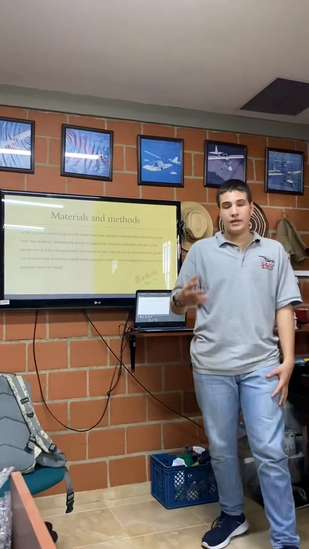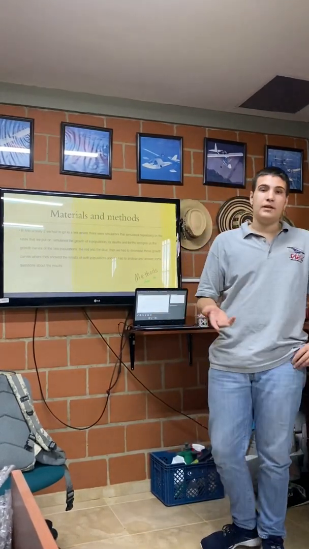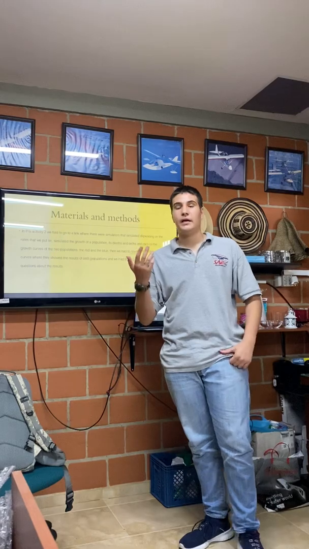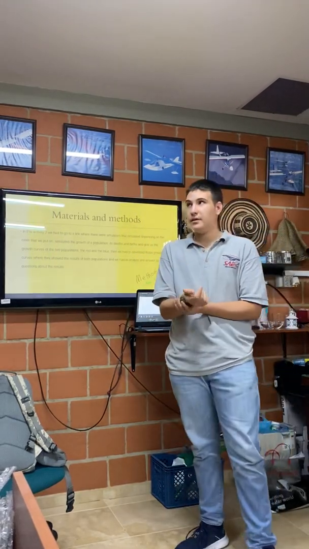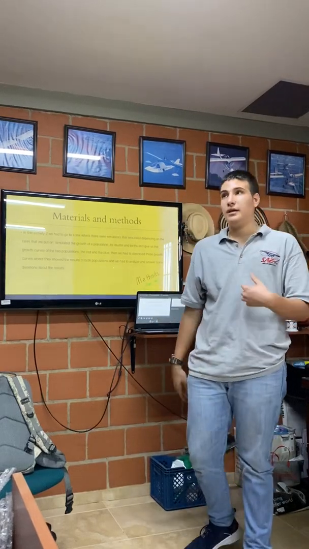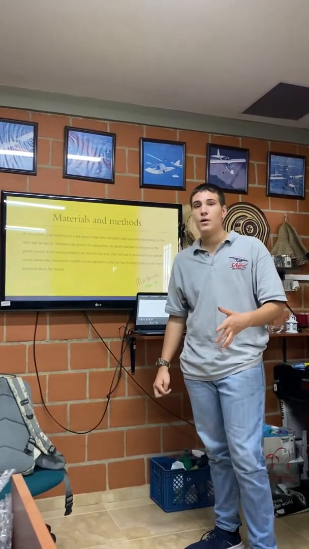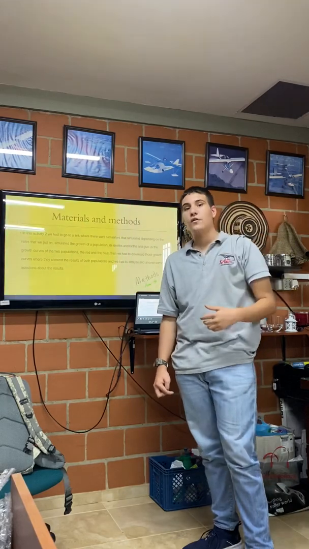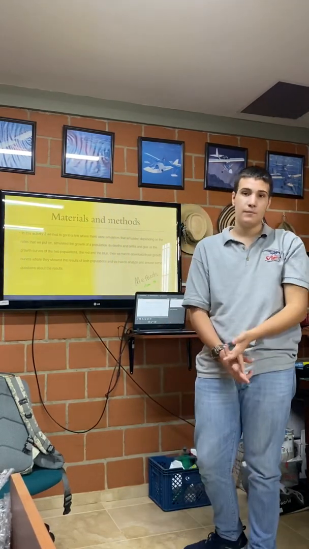Materials and methods of the second activity: we needed to enter a link that was in the experience number 4 workshop, and in that link there was a simulator of two populations, red and blue.